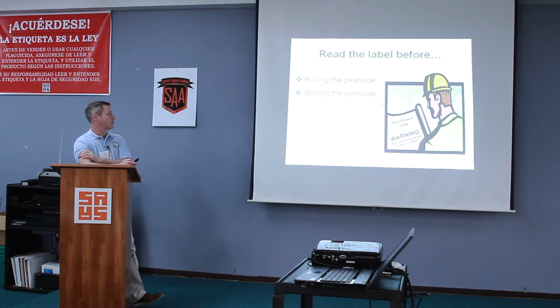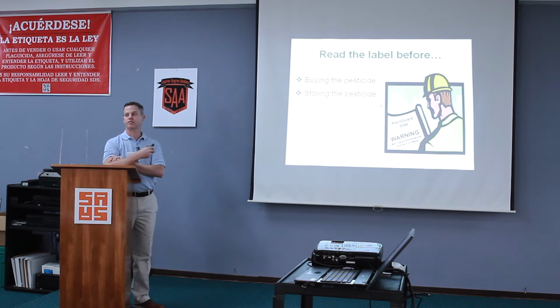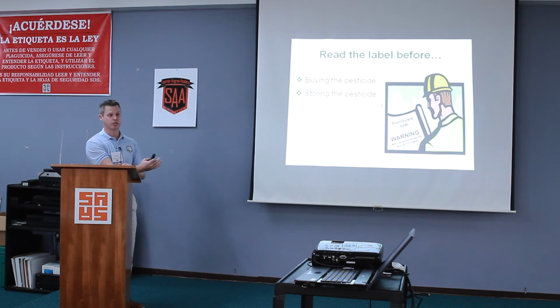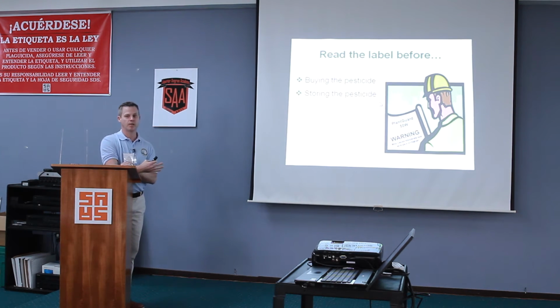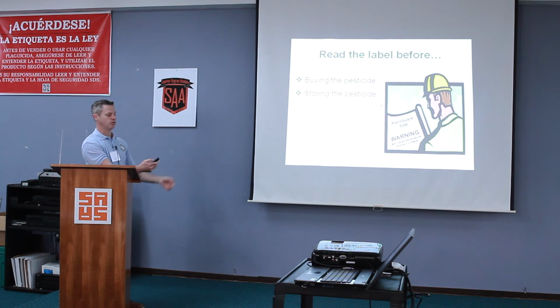But before you buy the pesticide, you want to read the label to understand how the pesticide needs to be stored. Some pesticides require certain ventilation requirements or certain security requirements. So you need to make sure that you understand what those requirements are, but also that you're able to meet those storing requirements.